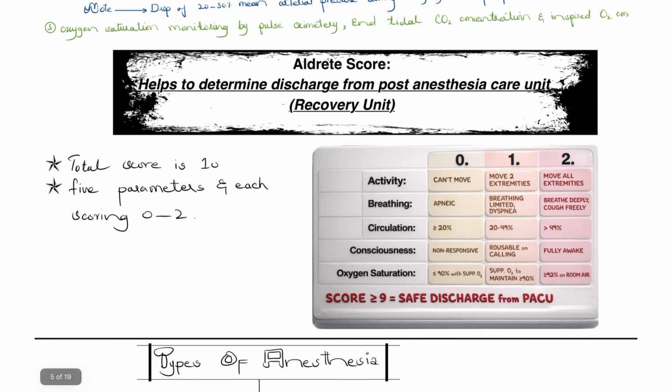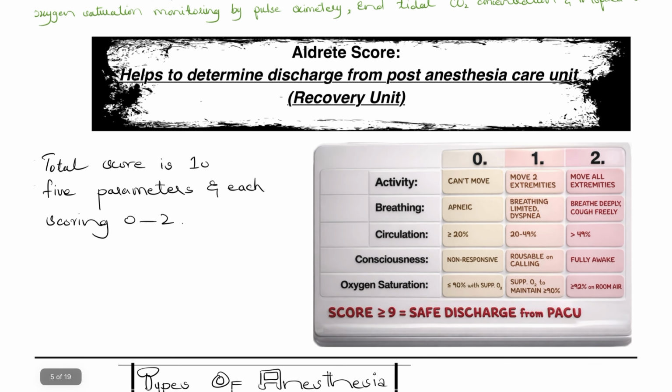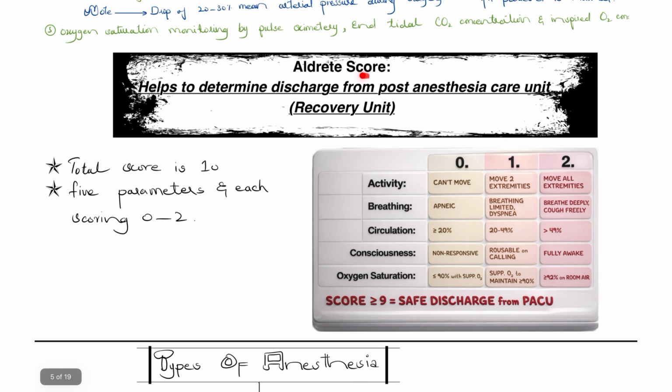Now there is a very important score which is called the Aldrete score. This helps to determine whether we can now discharge the patient from the anesthesia care unit, which is also called the recovery unit, so that the patient can be looked after in ICU or ward. Total score is 10 and there are 5 parameters and each is scored 0, 1 and 2.